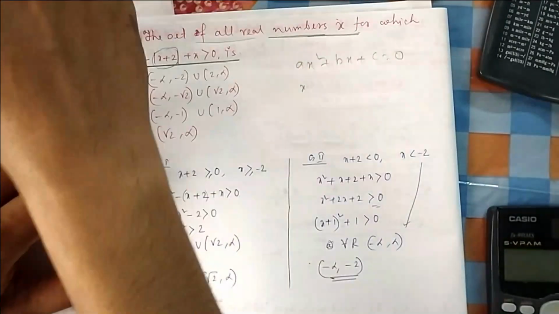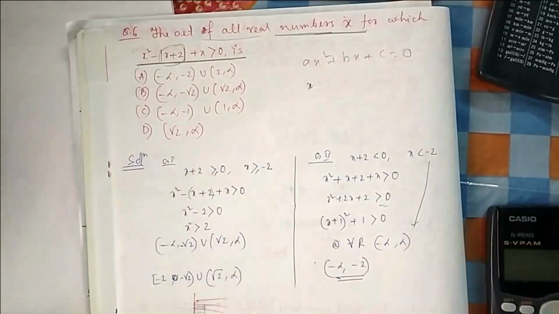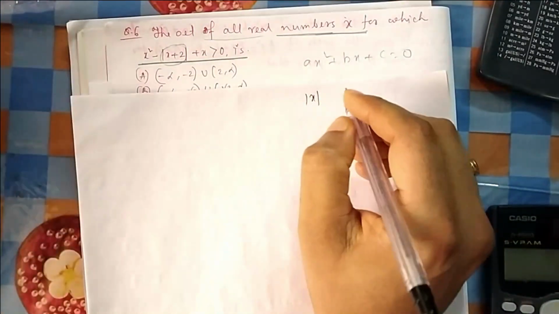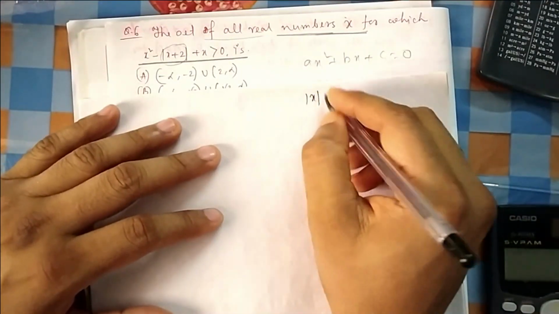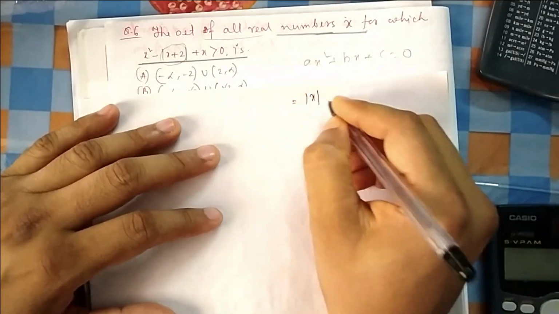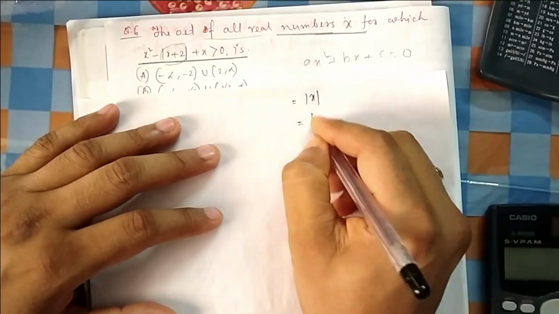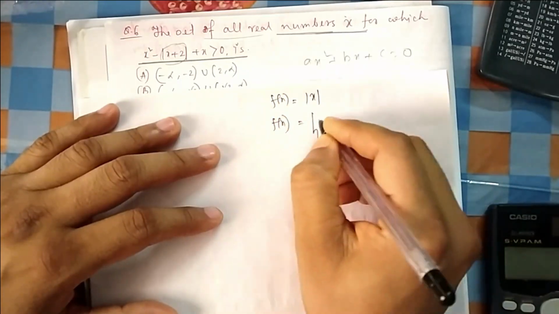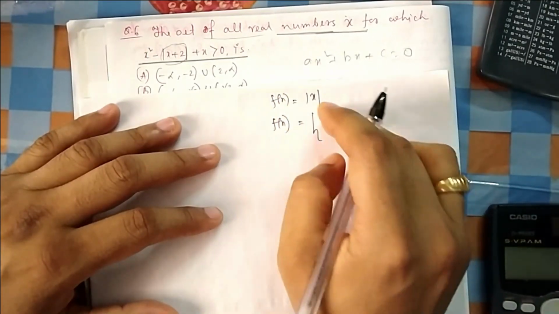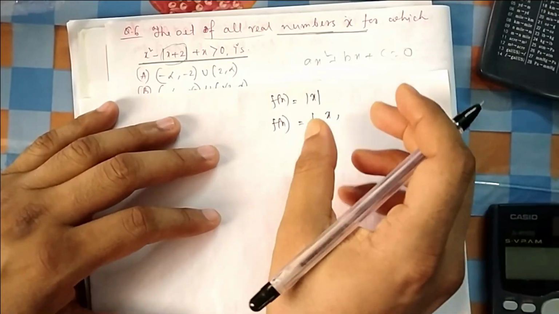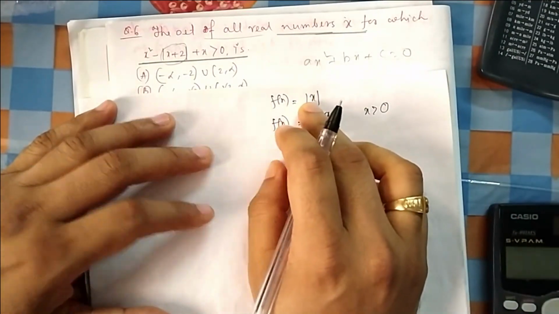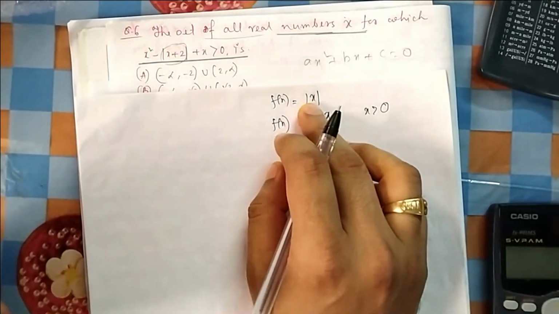Suppose I take mod of x, let me explain it here. Suppose any function is written as mod x, you can divide it into two parts. That function you can segregate into two parts. If I segregate, then it is a piecewise defined function, that is, it is defined in small pieces. So if x is greater than 0, what is the purpose of mod? To make it positive. It will always give positive.